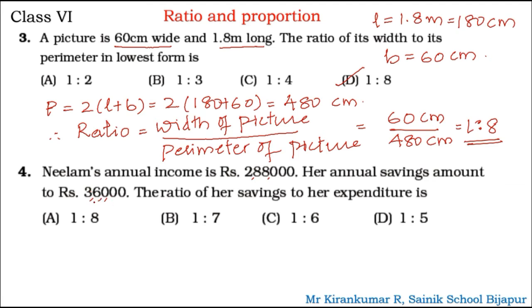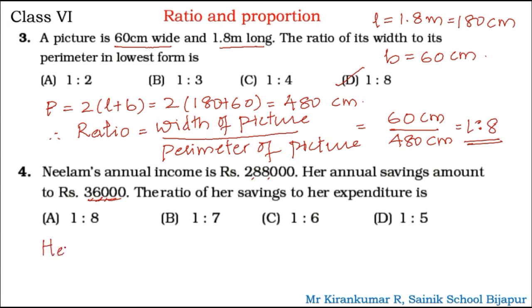Here I made a mistake, it is 36,000. The ratio of her savings to her expenditure is. They have given the savings and they have given the total income, so we can find out the expenditure.